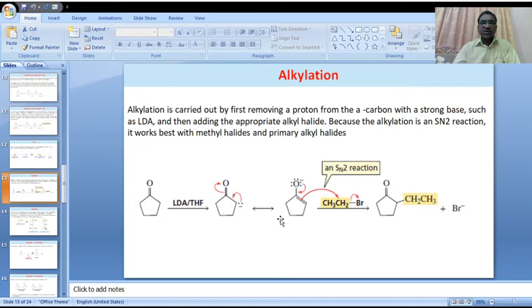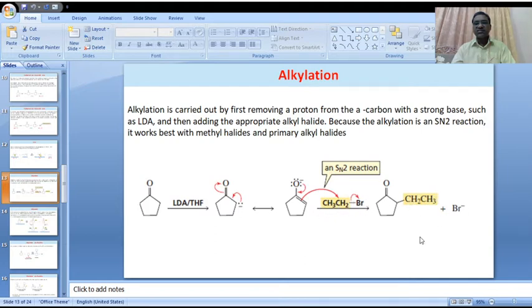Its isomer we can write like this, its resonance structure. If the pair of electrons donates to this side, there is cleavage of the pi bond, and this oxygen gets negative. Here again this pair of electrons goes to the inner side, cleavage of this pi bond. This negatively charged carbon bonds with the ethyl.